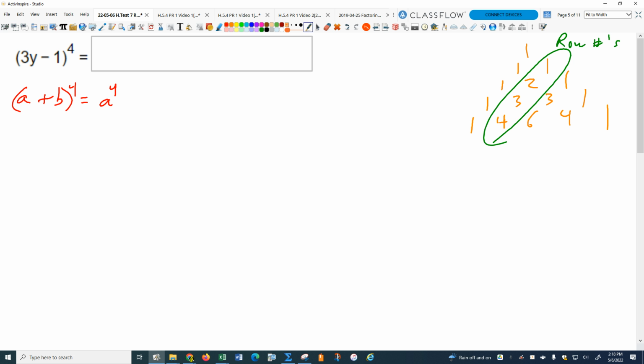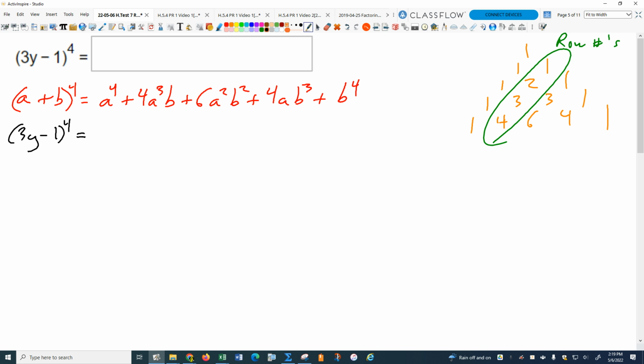Good, plus, okay, plus, oops, you're right. Okay, plus, okay, good. And then our A is going to be a positive 3y, and our B is going to be a negative 1.